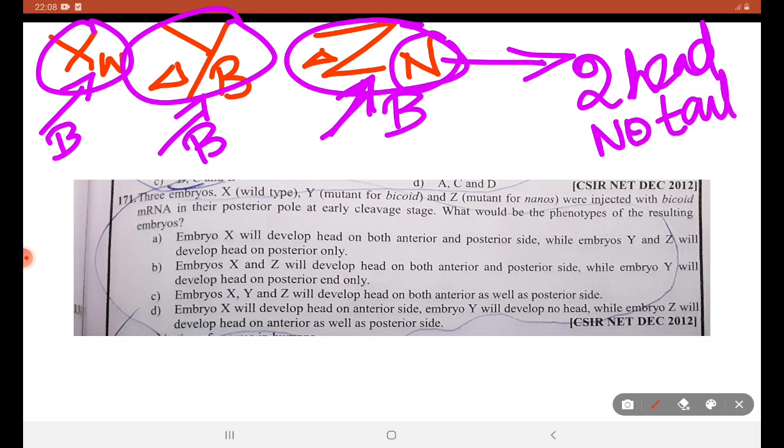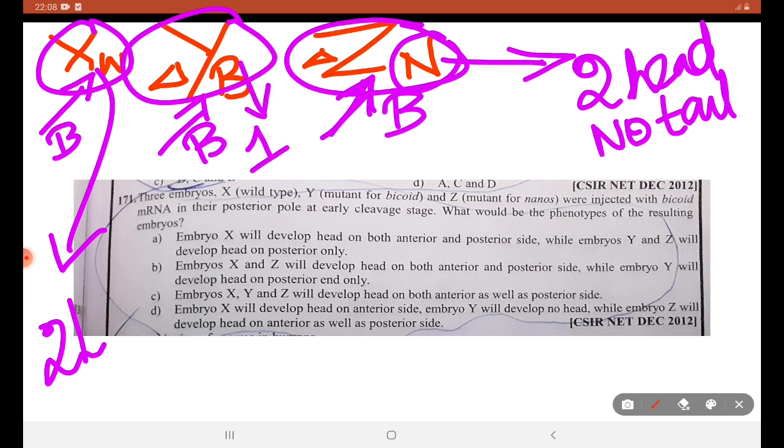In the bicoid mutant, bicoid is injected in the posterior, so 1 head will form. In wild type, bicoid is already present, so it forms 2 heads. Y forms only 1 head, and that too on the posterior side.